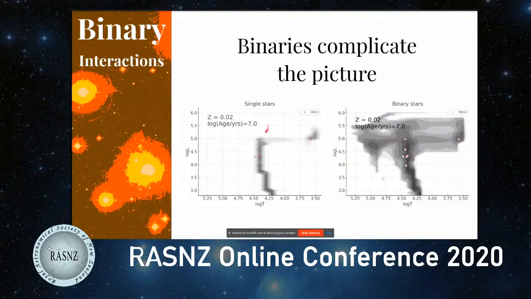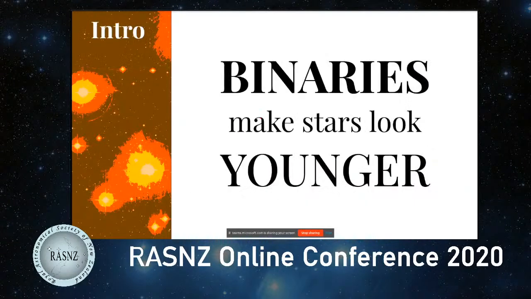In order for a star to exist in this particular location, you'd need the stars that are either dead or dying in this region to veer off to the left and go back to that position on the main sequence. So that's why you can seriously underestimate the ages of your clusters if you only consider single stars. So binary stars make your clusters look younger.